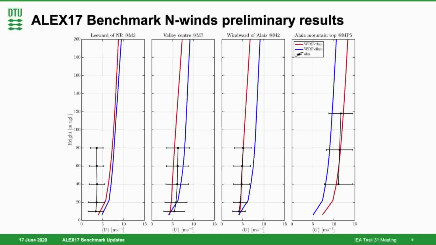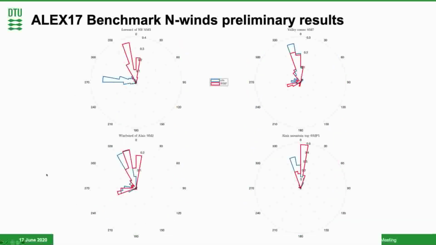What we can see is that on the mountaintop, we had a really good correlation between the measurements and the simulations, also on the windward side of the Alais mountain and in the valley center, but the downscaled WRF still lacks on the leeward side of the ridge. Also looking at wind directions, we can see that the 1 kilometer WRF in red, compared to the observations in blue, follows the observations for the mountain and the valley, but still lacks on the leeward side of the ridge.